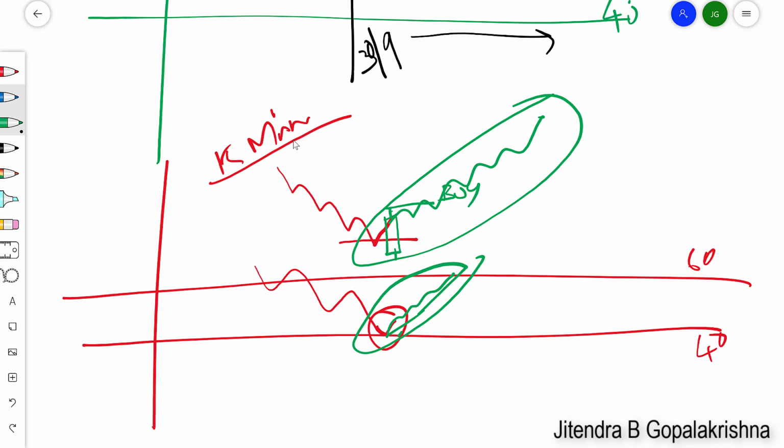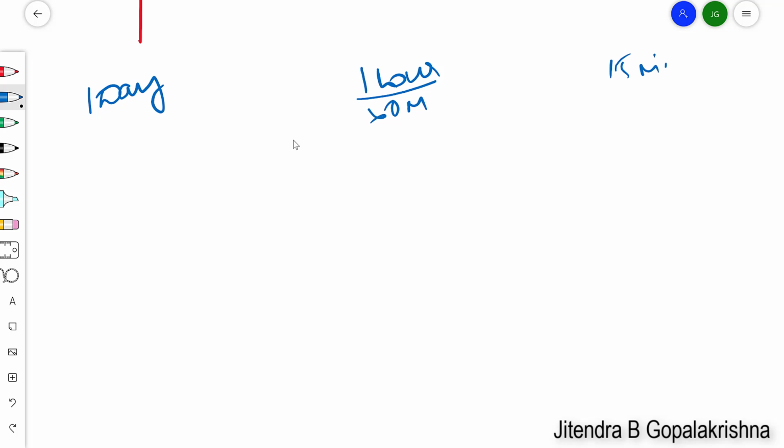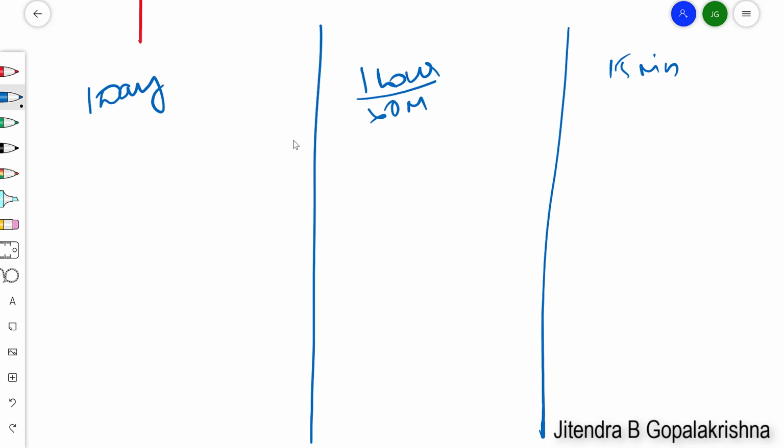long trade. Let us also look at the opposite of it, short. In short, what we need is the same: 1 day, then 1 hour or 60 minutes, and then 15 minutes, right? So if I break that into 3, what do we need here?